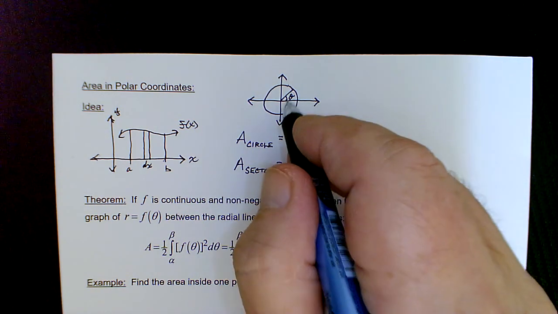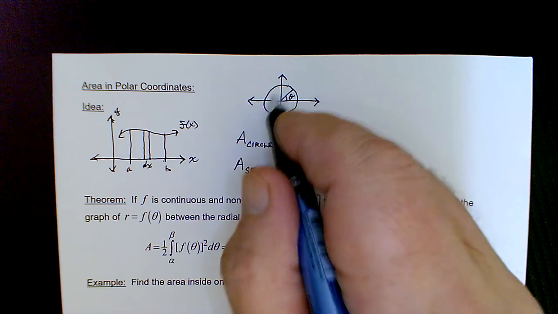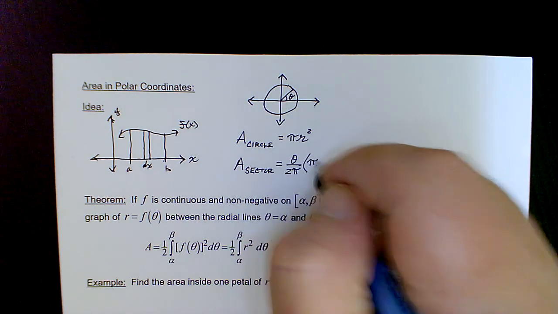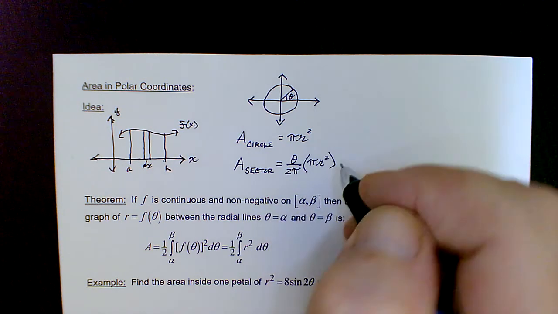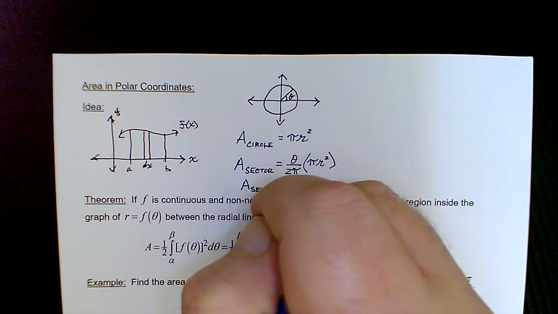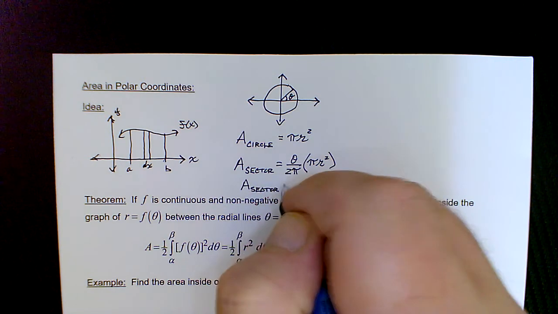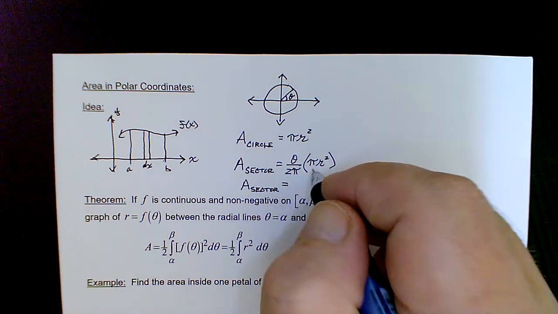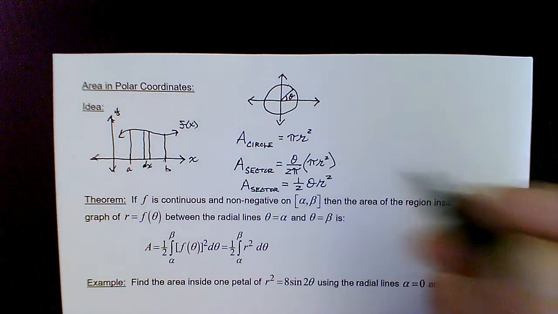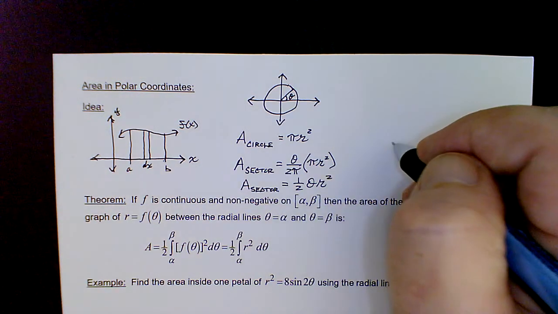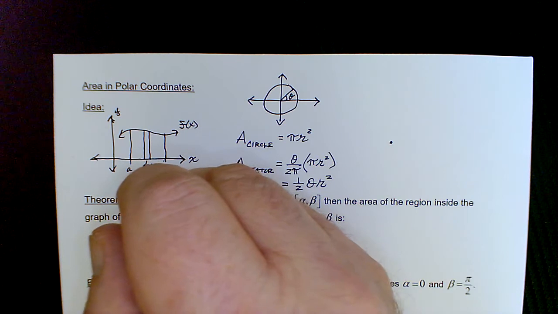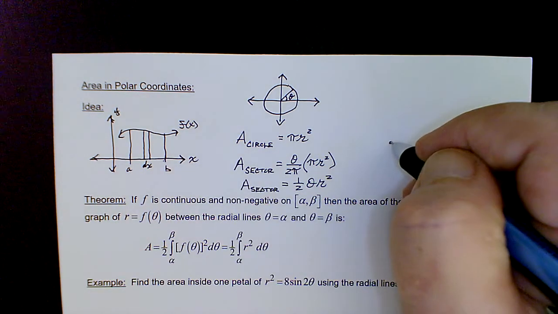That's the portion theta of the entire circle. So theta over 2 pi times the area of the circle gives us the area of the sector to be the formula. I'm just showing you a way to memorize, to create the formula, 1/2 theta r squared.